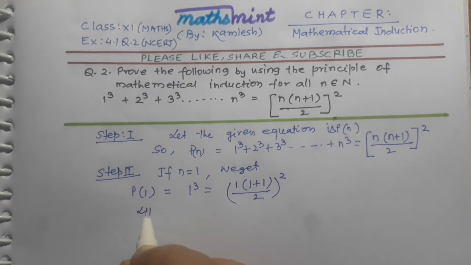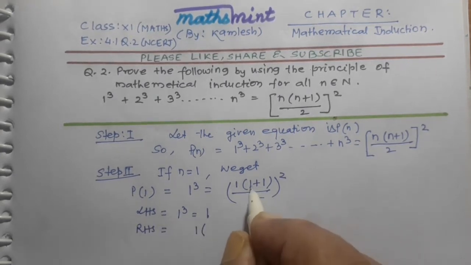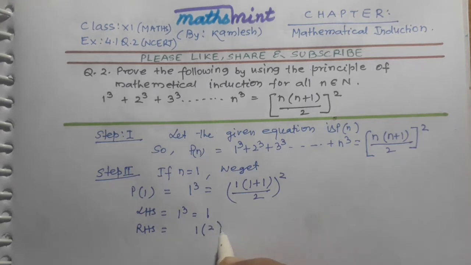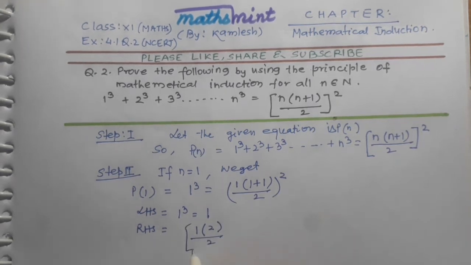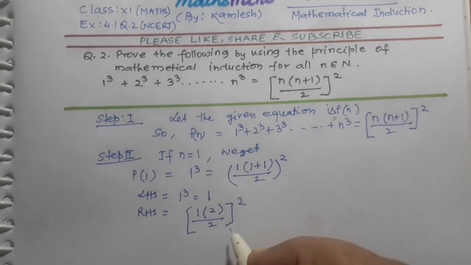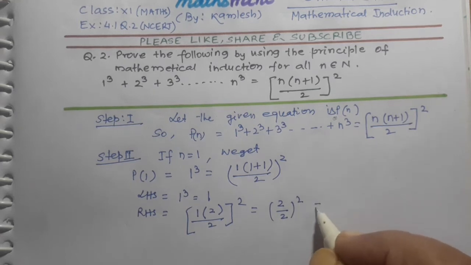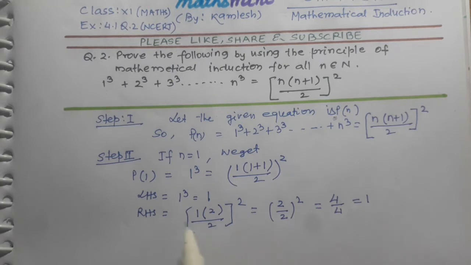So LHS is equal to 1 cube, which is equal to 1. RHS is equal to 1 into 1 plus 1, that is 2, by 2 over all square. We are simplifying: 2 into 1 will be 2 divided by 2 over all square. So it will be 4 by 4, equal to 1, right?